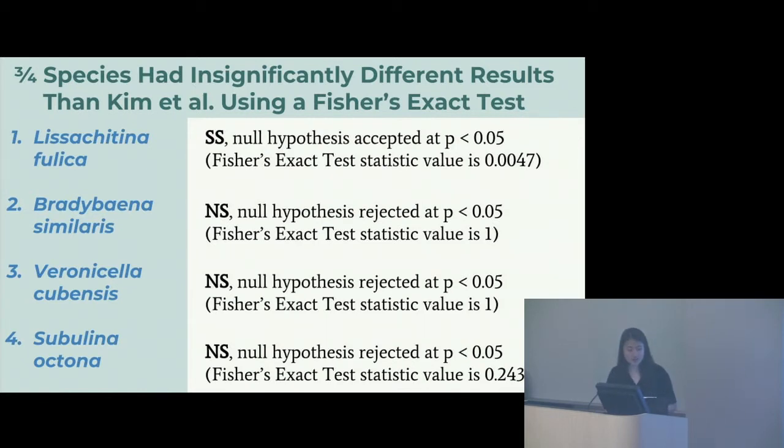I found that the infection rates of Bradybaena similaris, Veronicella cubensis, and Subulina octona were not significantly different from the results of the 2014 study. However, the prevalence of rat lungworm in the top one, Lissachatina fulica, in the 2014 study was significantly different from my results.